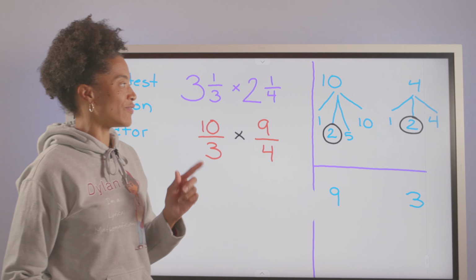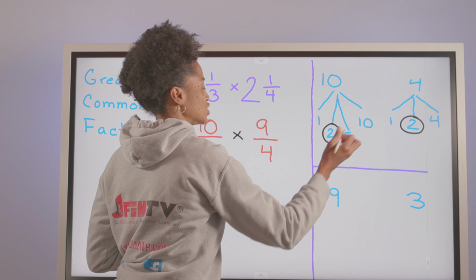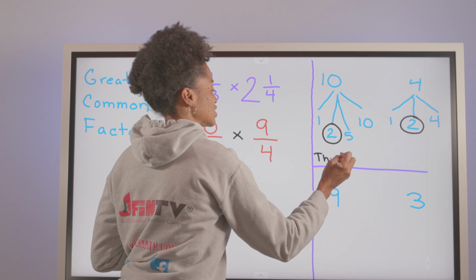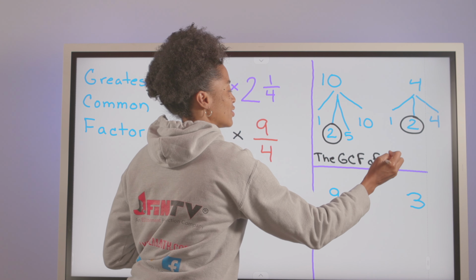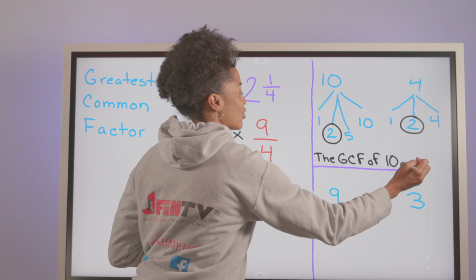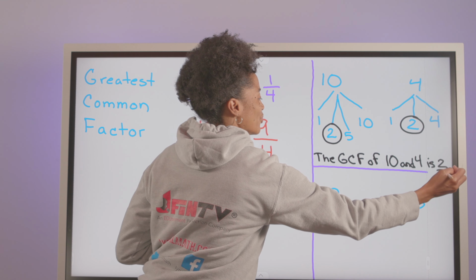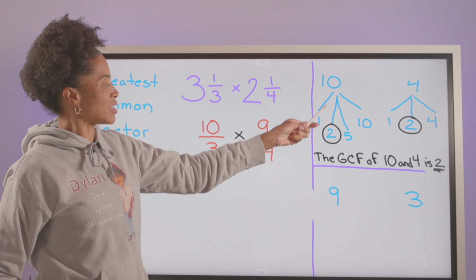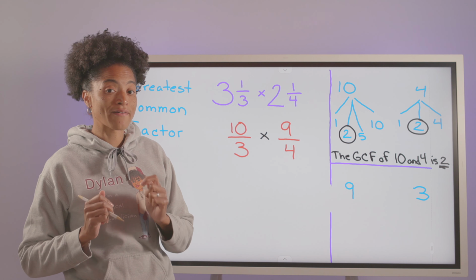All right. So we're going to divide these diagonal numbers by their GCF, which is 2. So I'm just going to jot down the GCF of 10 and 4 is 2. All right. So 10 divided by 2 gives us how much? 10 divided by 2 equals 5.